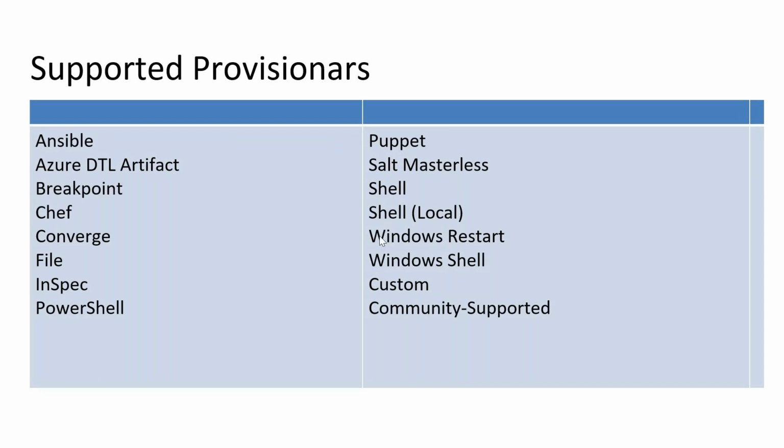These are the supported provisioners. Provisioners means what you can do with the VM. So you can run a shell script, simple one. Windows shell you can run also, if it's a Windows VM. You can run Ansible, Puppet, Chef.